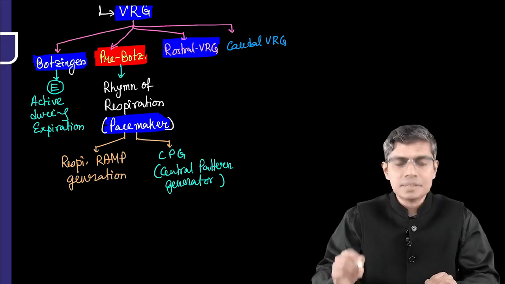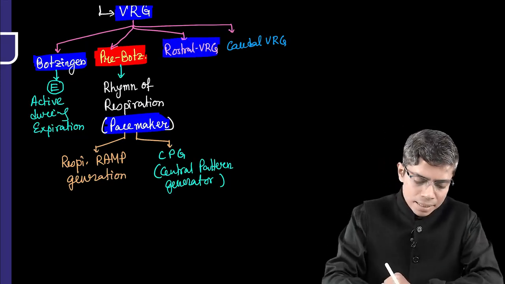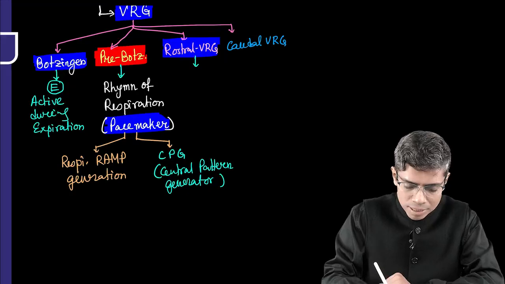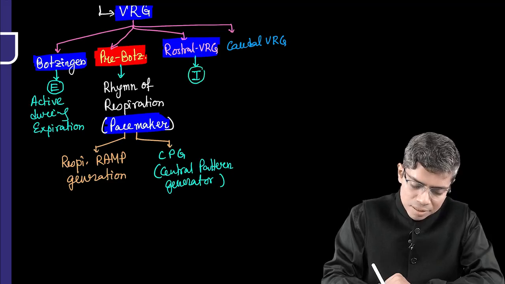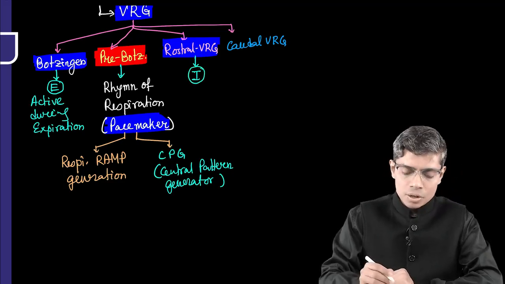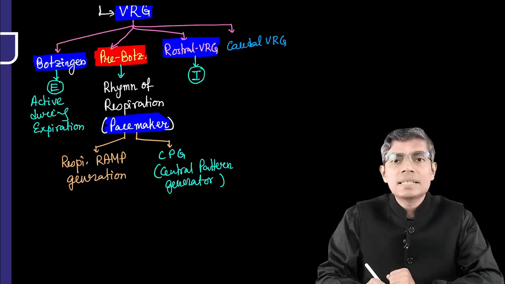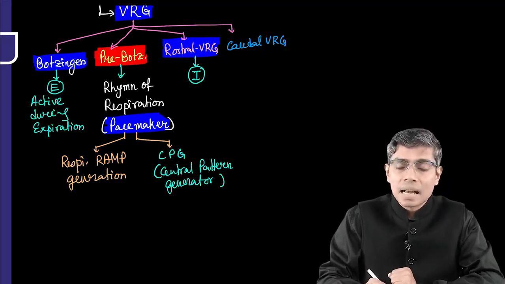So this Rostral Weiergy contains mainly the I group of neurons, that is the inspiratory neurons, and these neurons discharge during inspiration to cause dilatation of the pharynx and larynx.